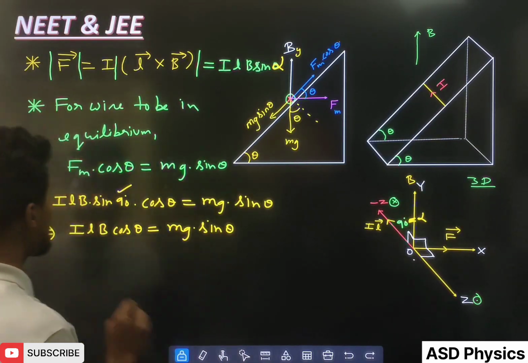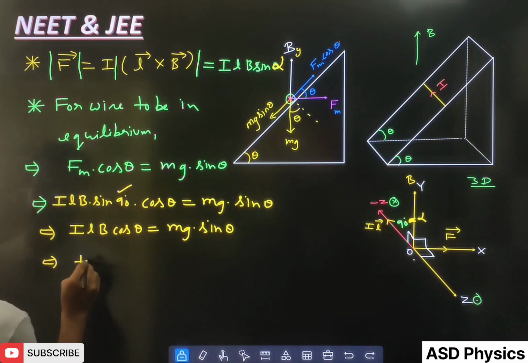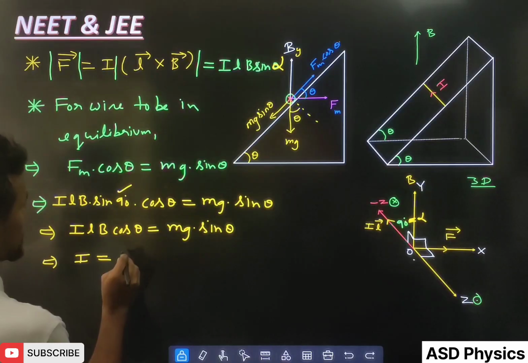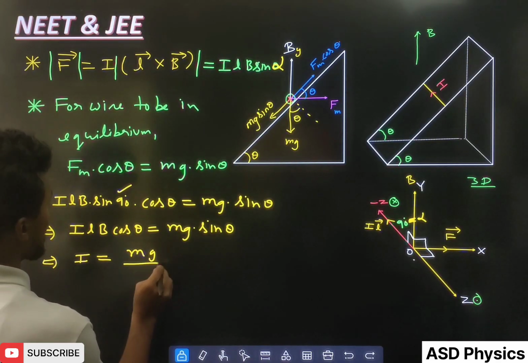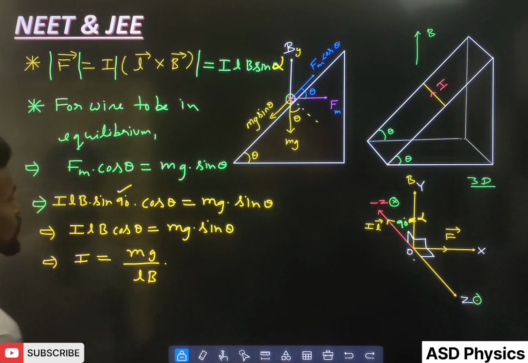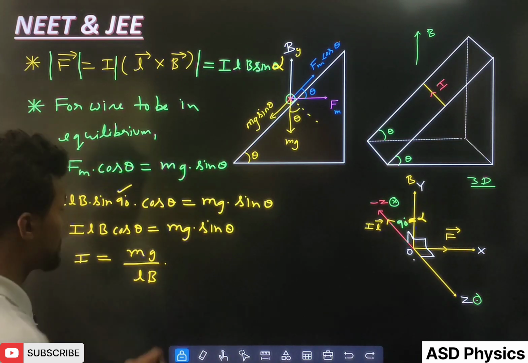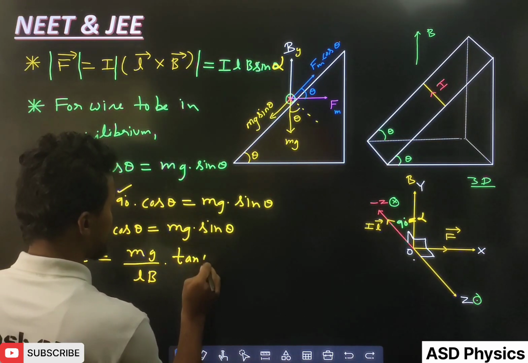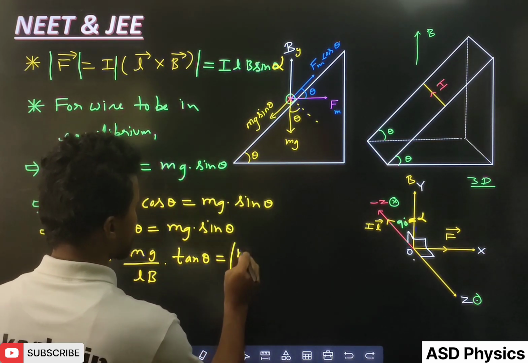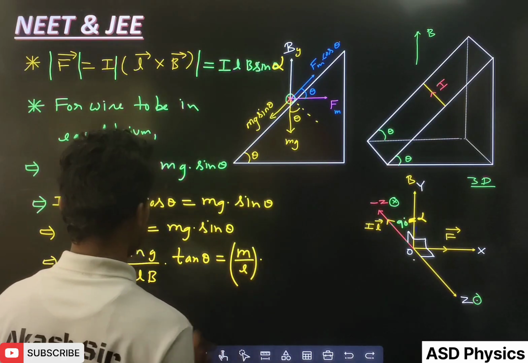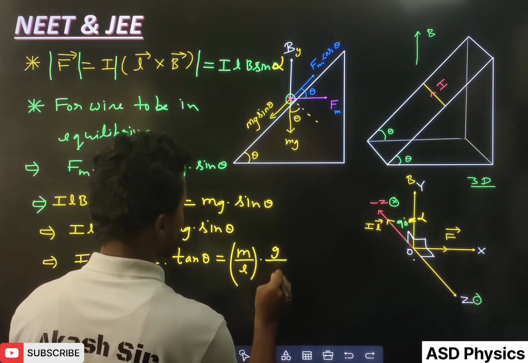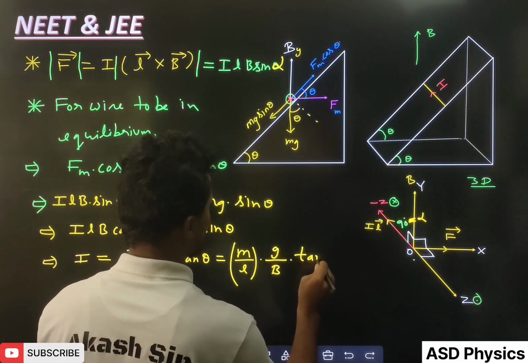Sin 90 is anyhow 1. So students, if I write the value of I, it is mg by LB into sin theta; cos theta goes to the other side, so it becomes tan theta. Simplifying, this is m by L, then g by B into tan theta.